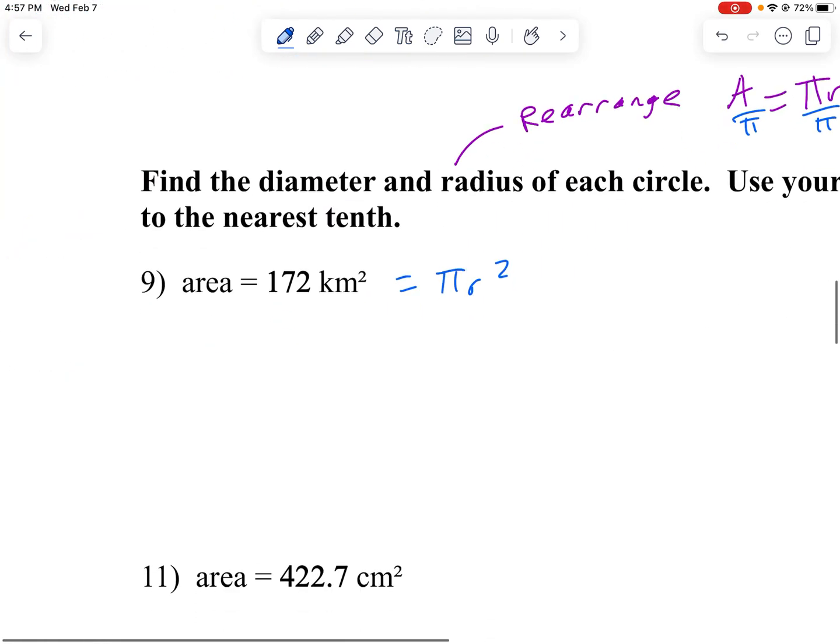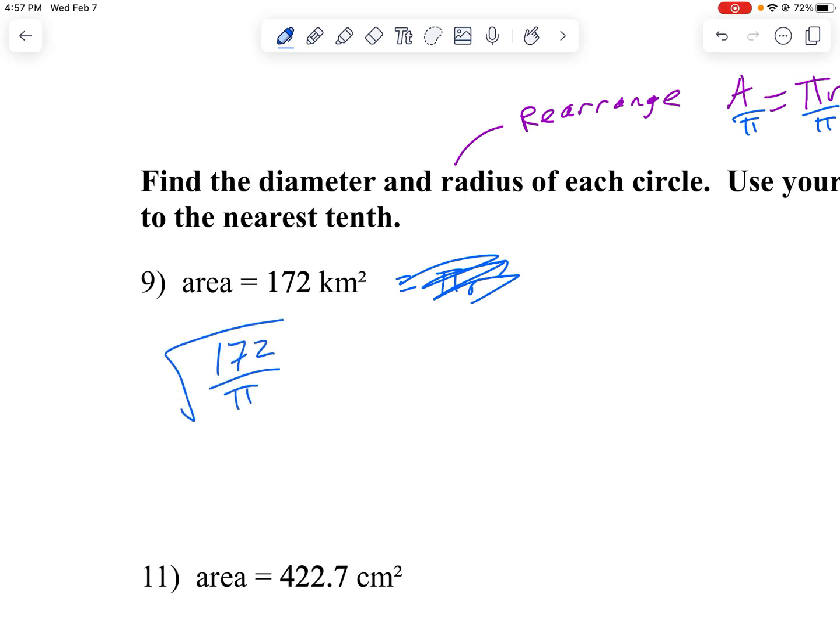And so I'm going to do that. I'm going to take my area and divide it by pi and square root it, and that's going to equal r. So I'm going to take 172 divided by pi, and I get 54.7, whatever. I need to square root that thing.